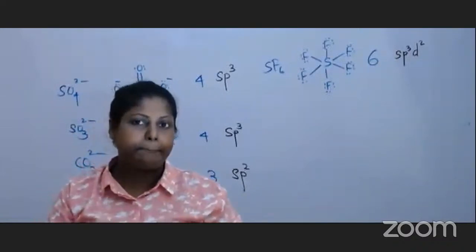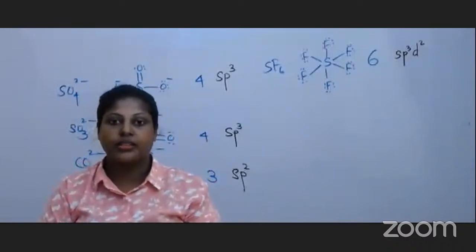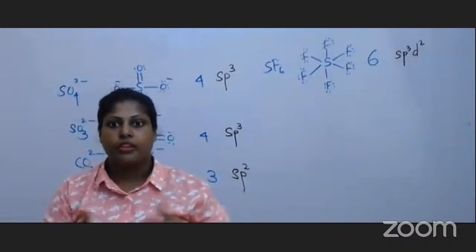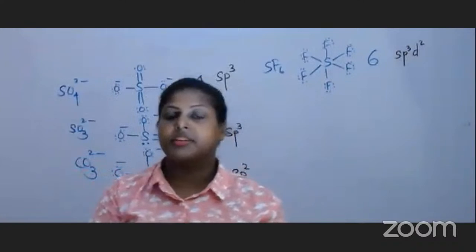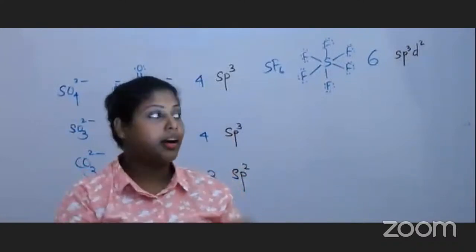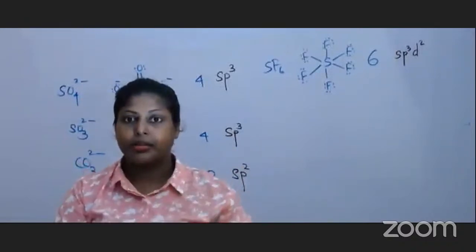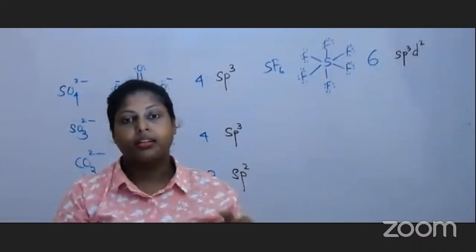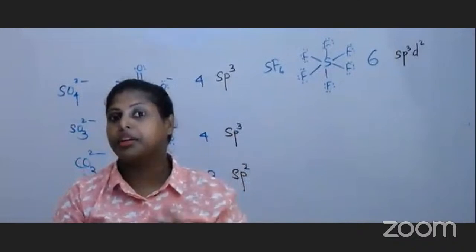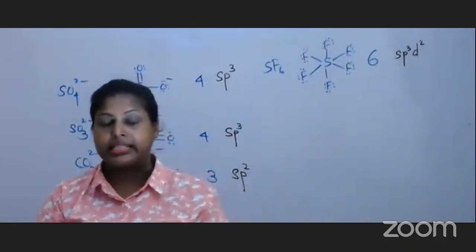This is a really simple theory, but most students get wrong answers for the questions given in the papers. Especially for the first term test paper, most questions are related to the second unit, the chemical bonds part.